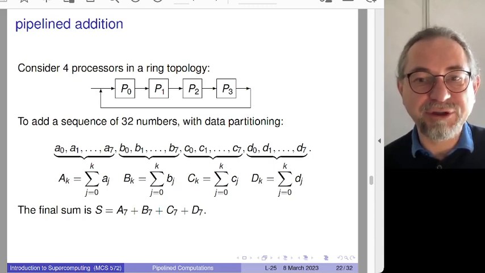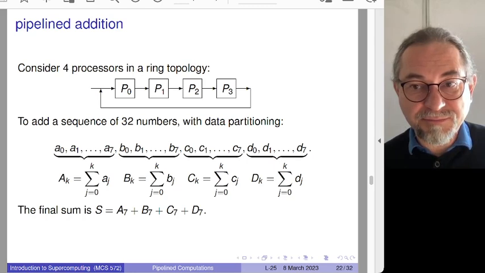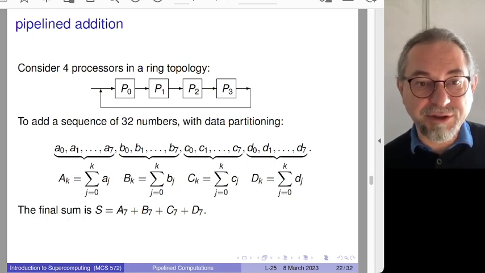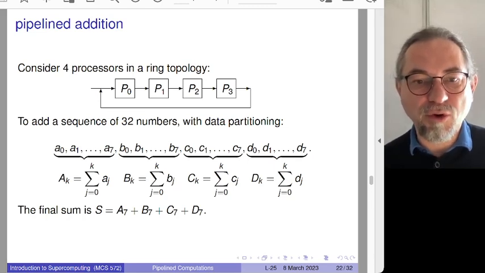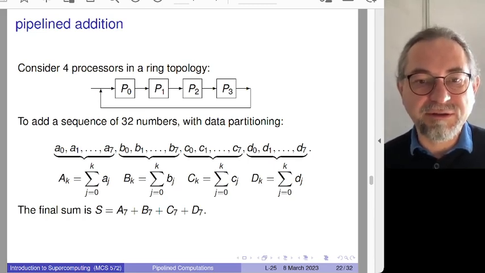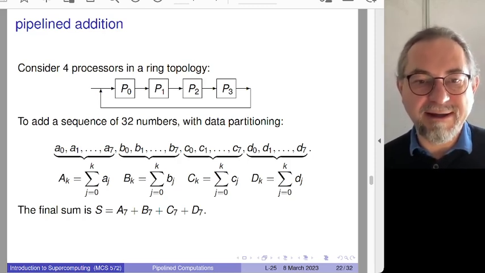So we have 32 numbers to sum. So in some sense, this is also now a sequential computation, one after the other, but we are applying the data partitioning, so the sum of 32 numbers gets broken up into 4 different pieces: A, B, C, and D.